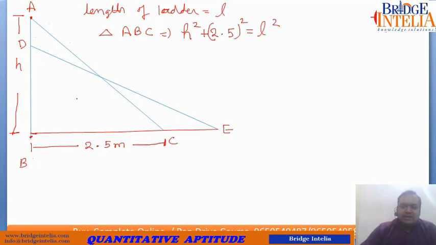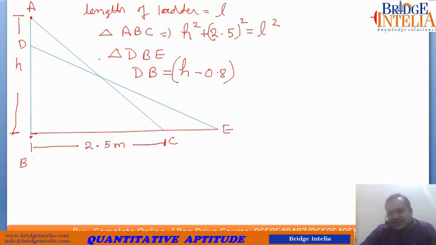Now it has slipped down by 0.8. So in triangle DBE, DB will be equal to H minus 0.8, because the tip of the ladder has slipped downwards by 0.8. The height of the tip has come down, hence H minus 0.8.